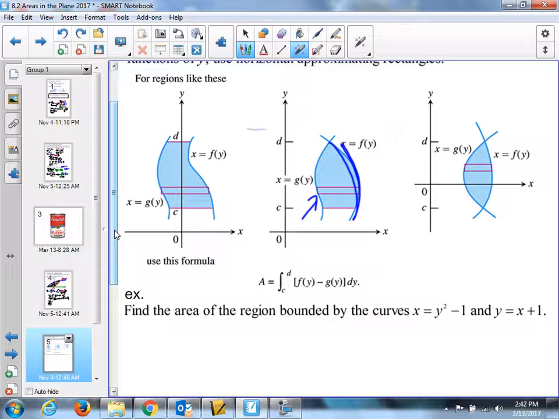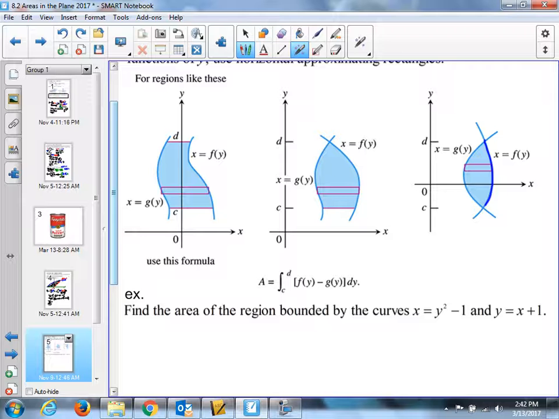If you're integrating with respect to the variable y, you're viewing it as if you're sideways. Not entirely a big change, but as long as you view it that kind of way. So whatever's top will give you the higher values. Okay, so here's the higher values.